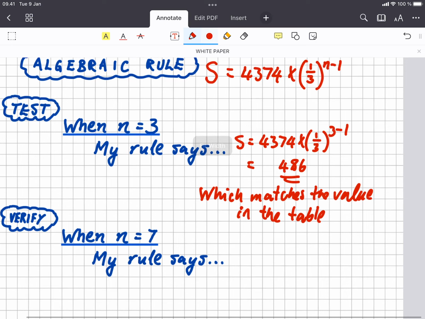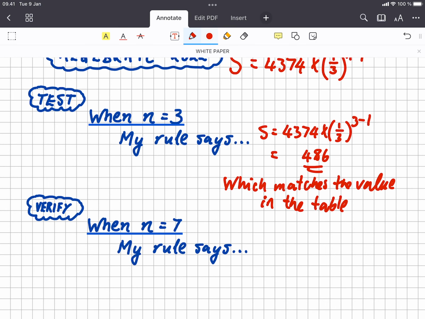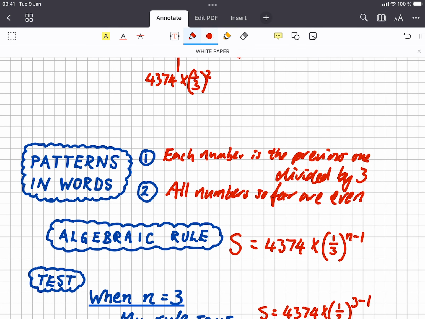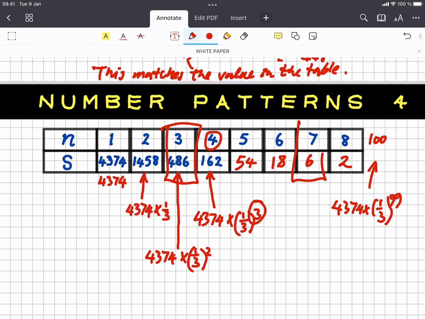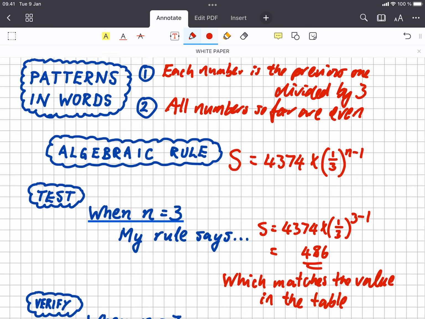And then verifying is almost exactly the same, but you're just doing it for one of the higher up values in the table where you actually made a prediction yourself.